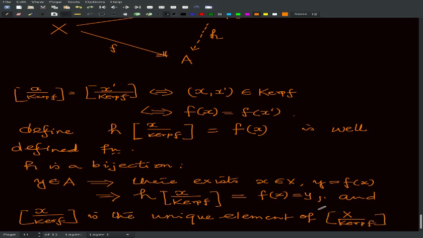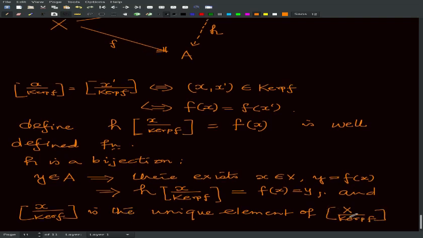So the unique element of this factor set such that its H image is y. So for each y there exists a unique member which makes H of it equal to y. So this is a bijection.